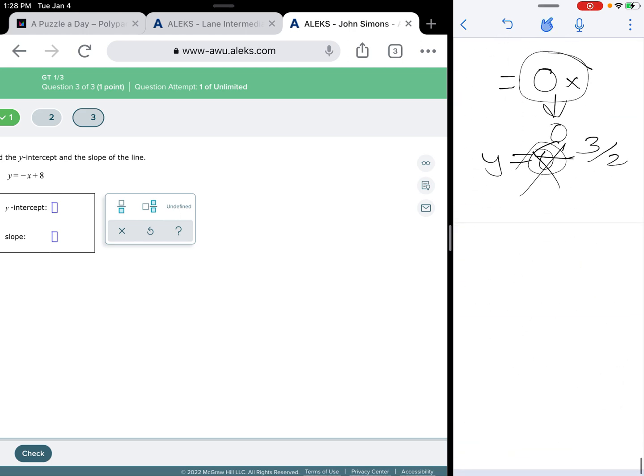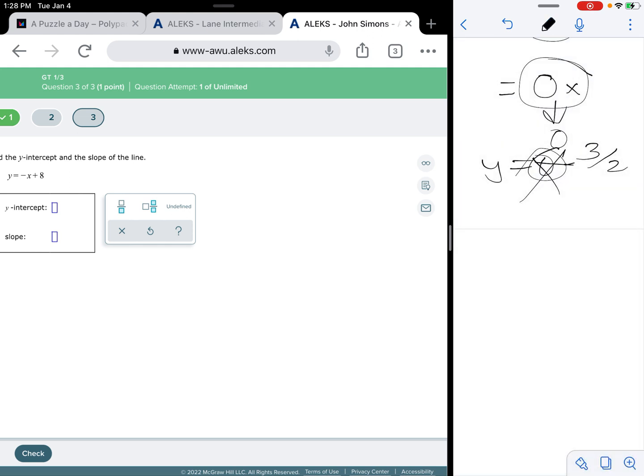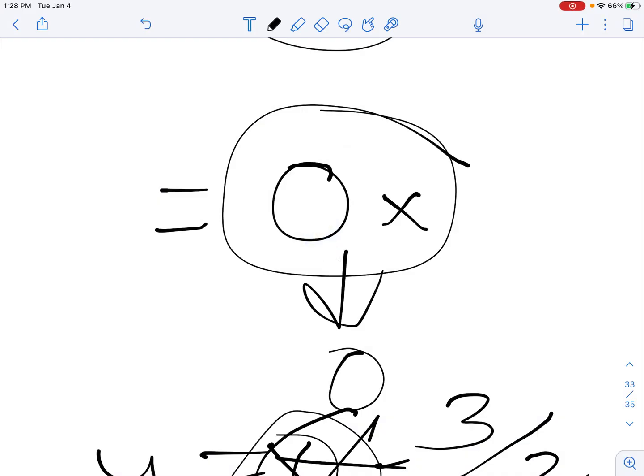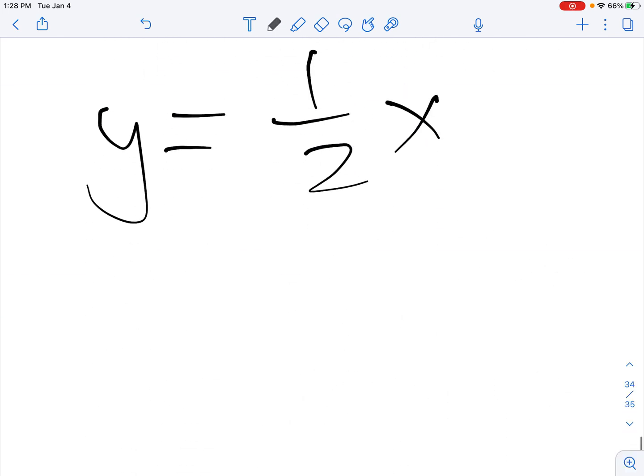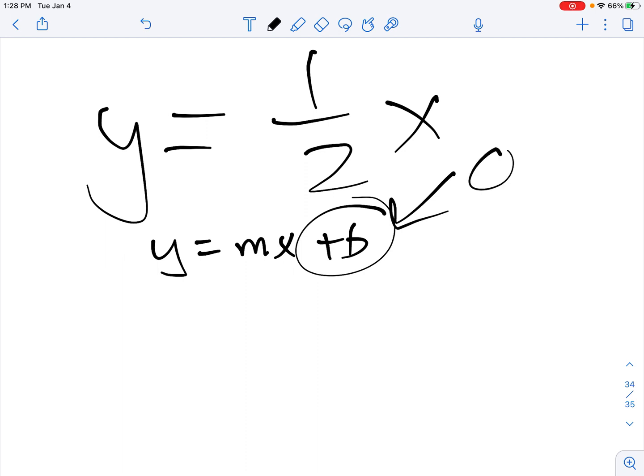The only other example you may see is occasionally you'll see something that's like this. Let's say we have y equals 1/2 x. All right? And obviously this isn't an example that they're showing on there. But if I have something that says y equals 1/2 x, what that means is that if I have the y equals mx plus b form, right, and I have nothing there, which I don't, I have absolutely nothing there, it's empty, that means it's 0, right?